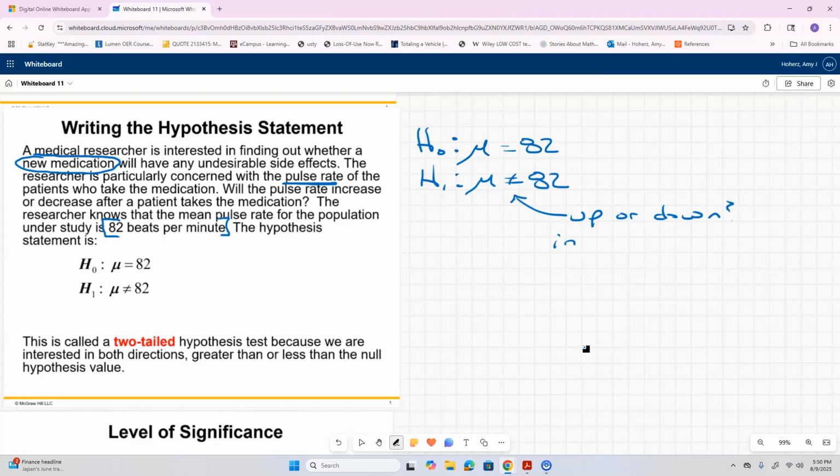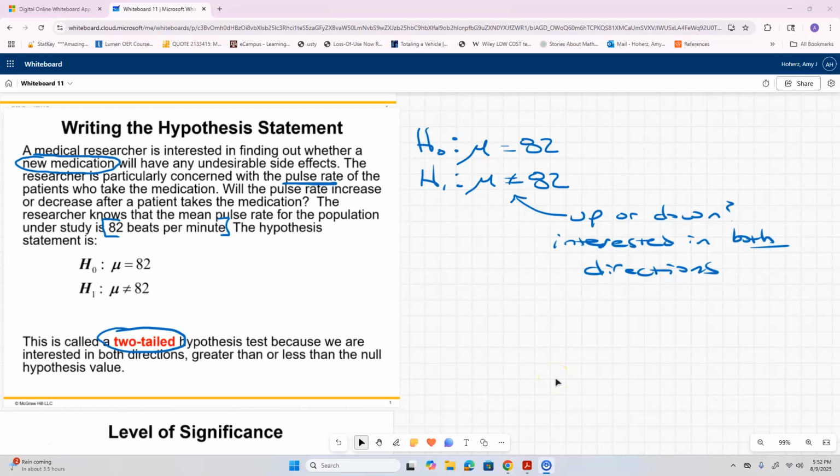We're interested in both directions. And because we're interested in both directions, we call this a two-tailed hypothesis test. We're concerned about both if it goes to the right or if it goes to the left, above the 82 or below the 82. They're interested in discovering if either of those things happen. So we're interested in both tails or both directions that the heart rate could change.